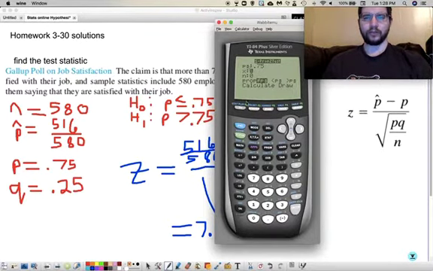X, so that's going to be our 516. n is 580. Now, it doesn't matter which tail we use because all we care about is the test statistic, but why not make it match? And here we go. Here's our test statistic, 7.77.